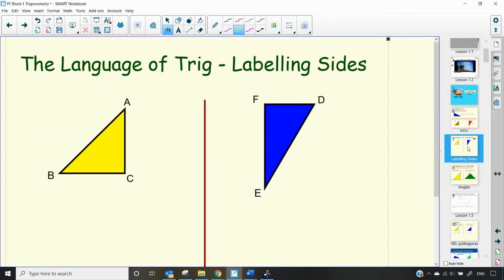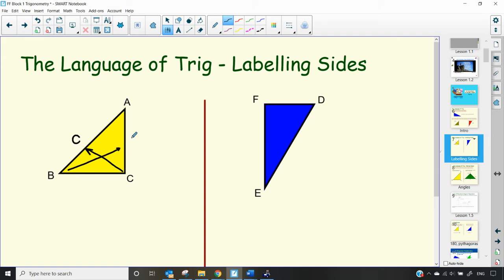All right, so some other naming conventions, what you may have noticed already is that our vertices are all labeled with capital letters. When we want to label our sides, we're going to label our sides opposite our angles. So the side across from angle C is side c. Notice it's the same letter, but it's lowercase.